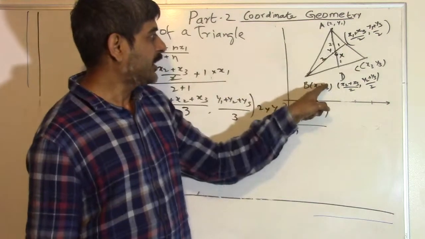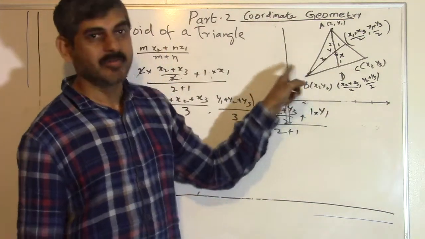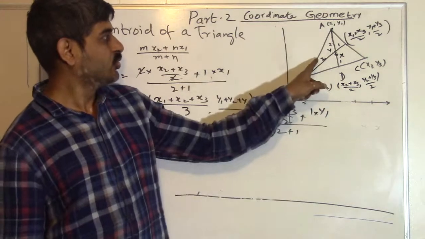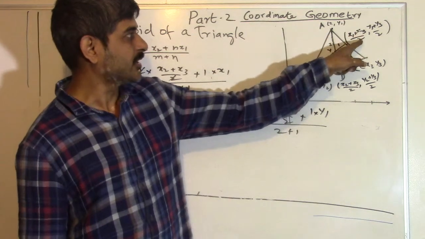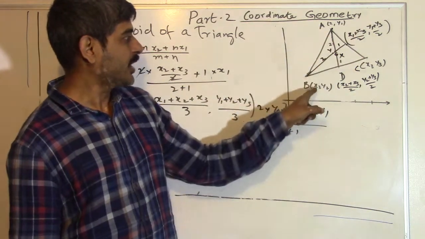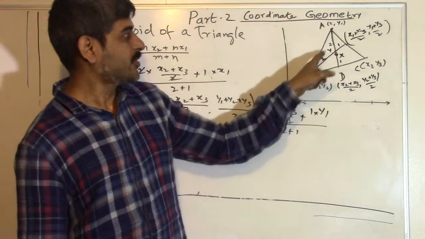mx2 plus nx1 divided by m plus n. What I will do is 2 into (x1 plus x3) divided by 2, plus 1 into x2, whole thing divided by 2 plus 1.